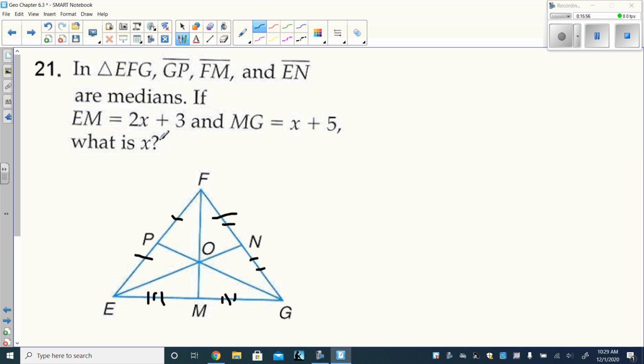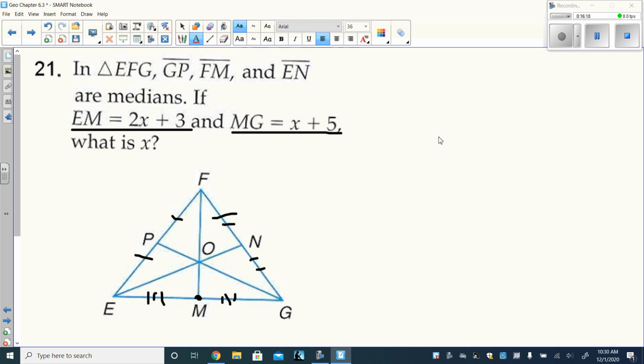If EM is equal to 2x plus 3, and MG is equal to x plus 5, what is the value of x? Well, because this here, point M, is the middle of the line, it means that these two here are going to be equal to each other. So we can set them equal to each other.